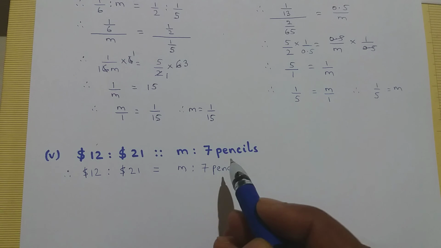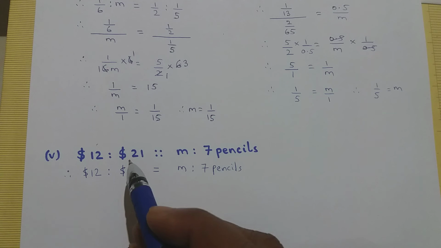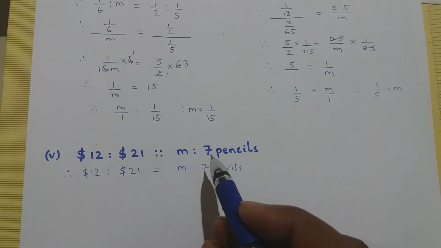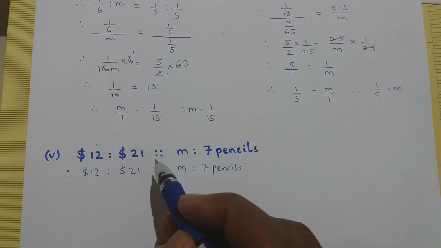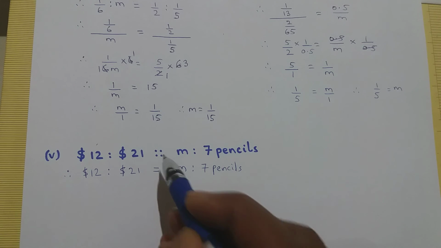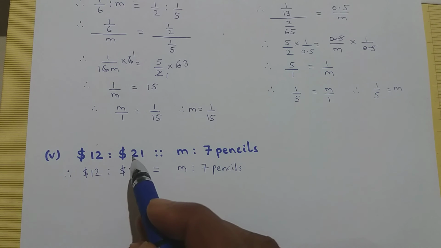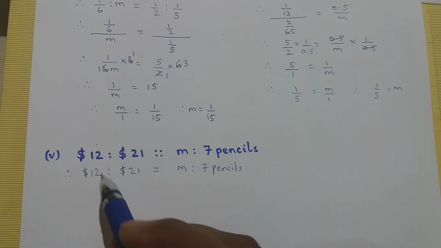So in the above expression it has been given that $12 is to $21, that is proportional to m is to 7 pencils. Now the meaning of this proportionality symbol is the ratio over here is equal to the ratio over here.